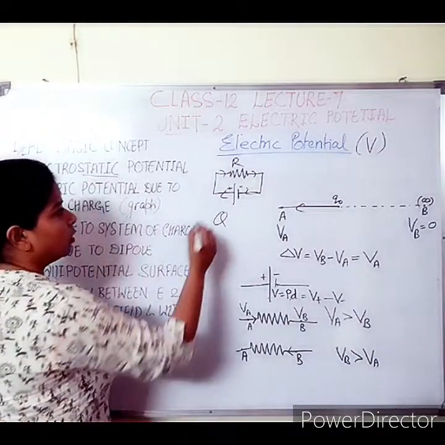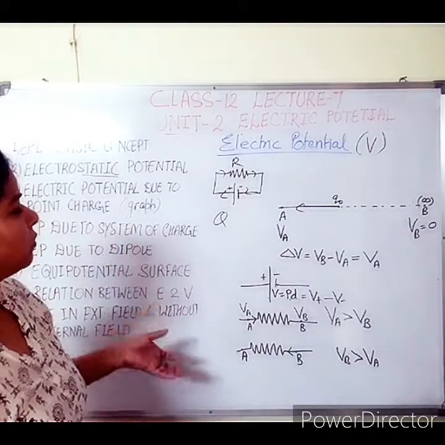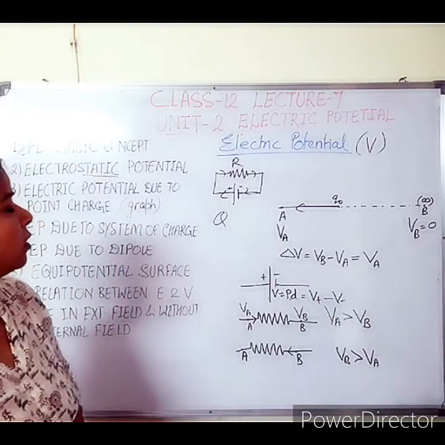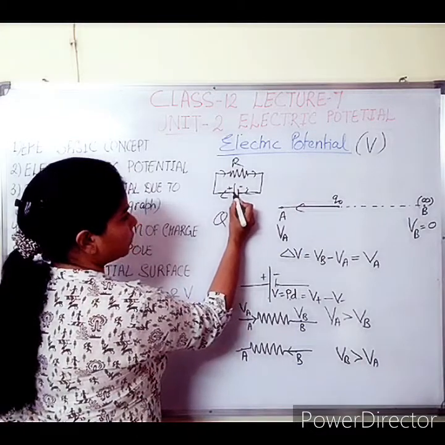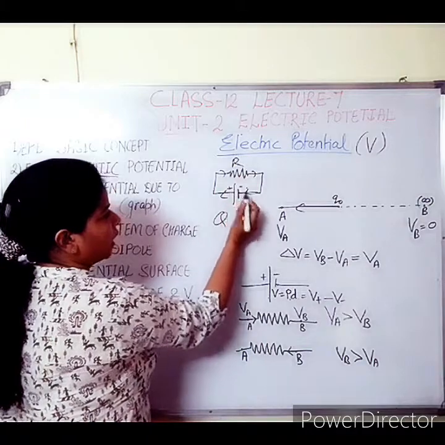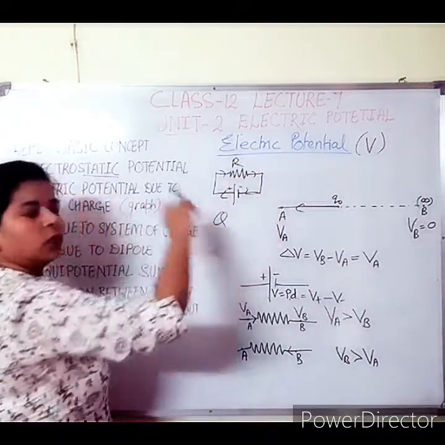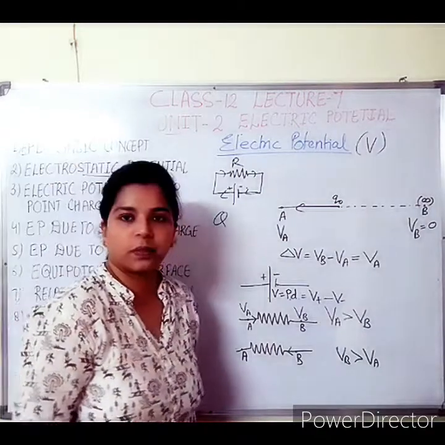So from this simple circuit, which you read even in class 10th, the current, that means positive charge, flows from higher potential to lower potential, and negative charge flows from lower to higher potential. This is a very important conclusion we got from this explanation.